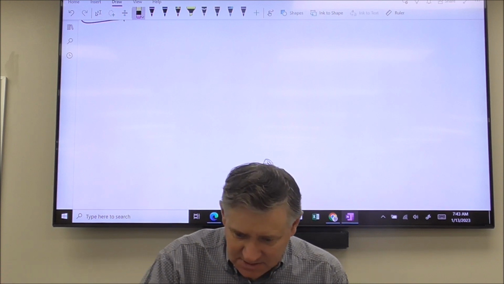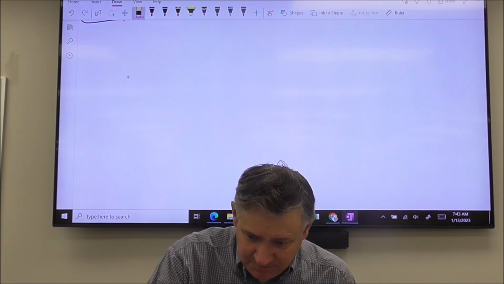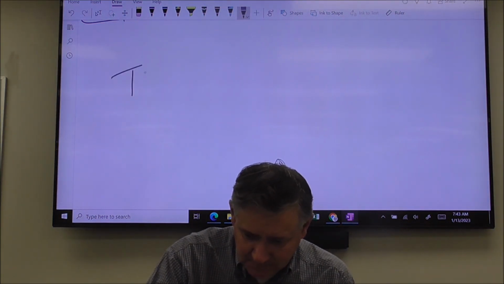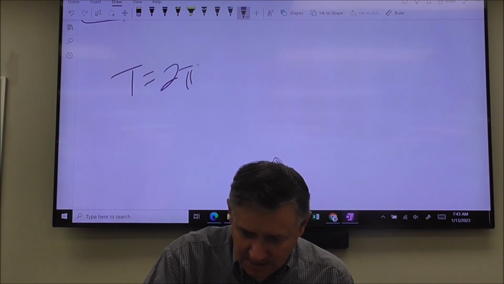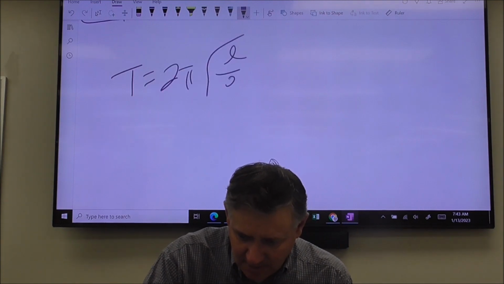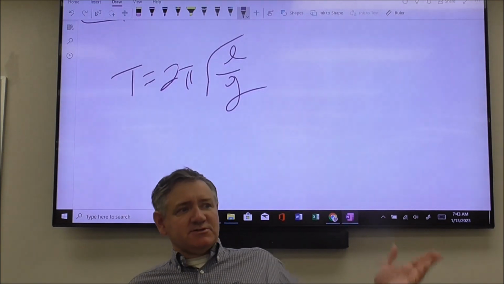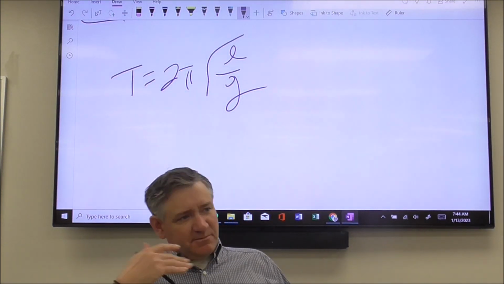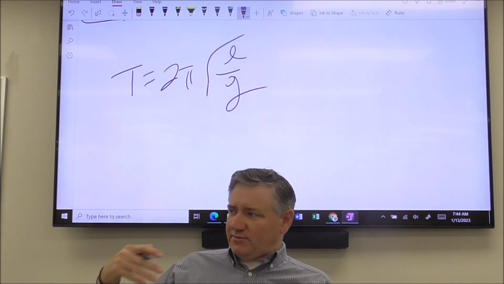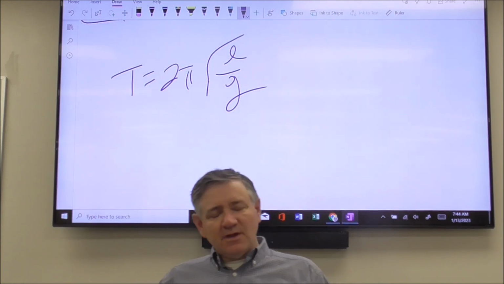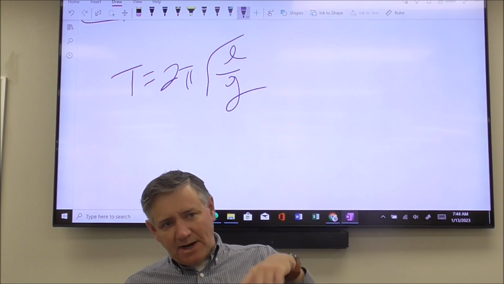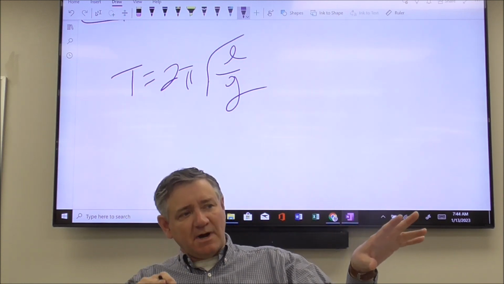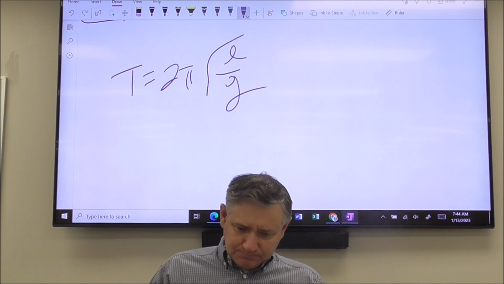So one of the equations that you've got, for this pendulum, is 2 pi times the square root of L over G. It's a cool equation, right? We randomly throw 2 pi in there. We throw 2 pi in there because it has to do with radians, and if you study the unit circle, in 1 revolution there's 2 pi radians.